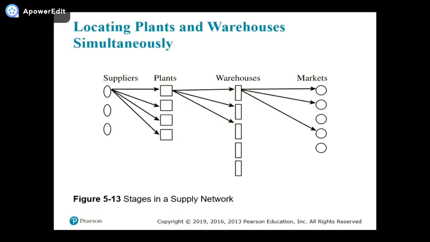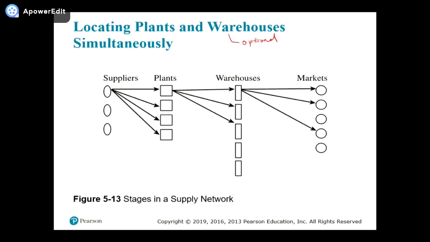So finally, in a more general model, which is optional, one could simultaneously decide the locations and demand allocation decisions of a wider supply chain network that involves different hierarchies.